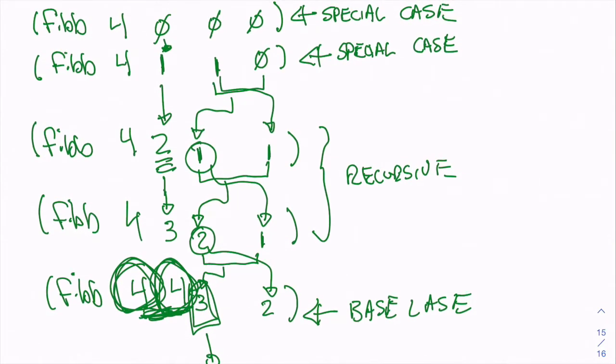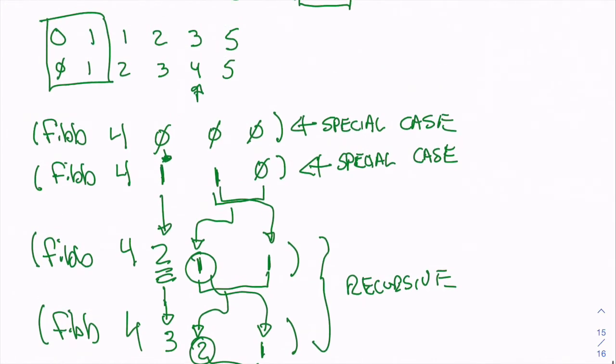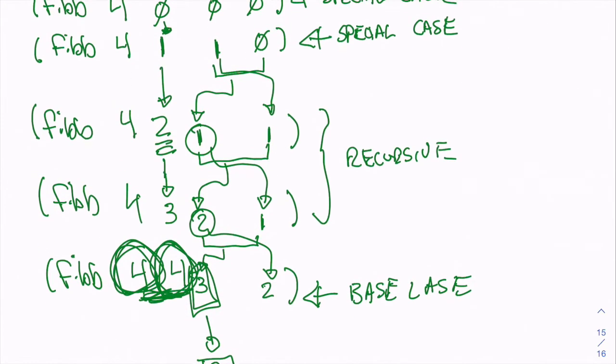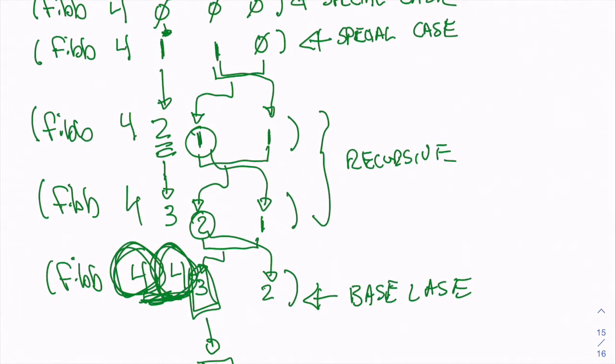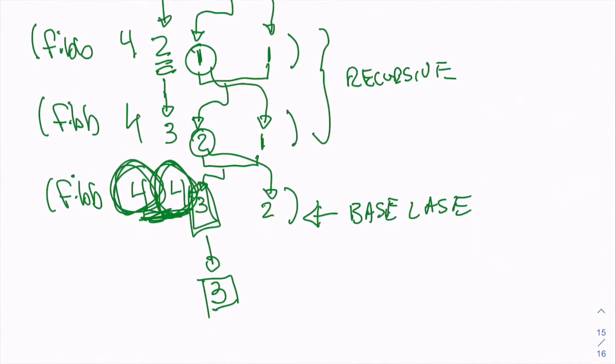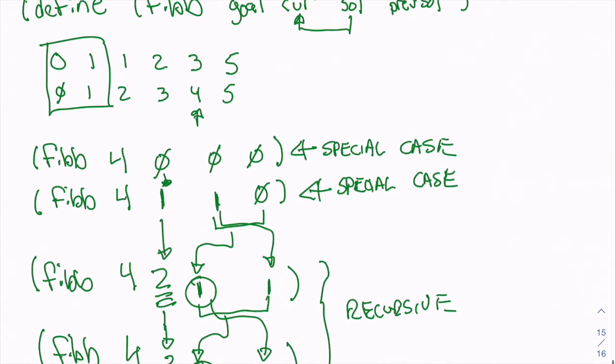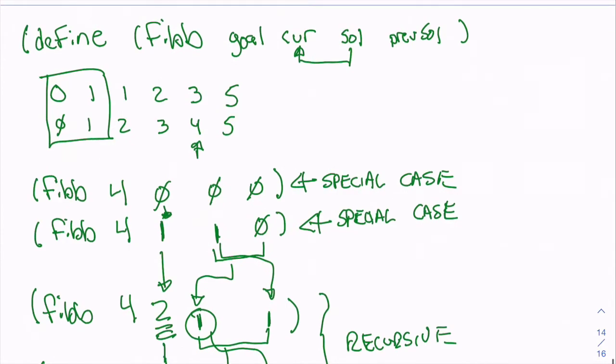So when we reach this final state, when we reach this base case, we have the solution by just looking at SOL or solution. Okay? So why don't we try writing the code to make this work. So I'm going to grab this.